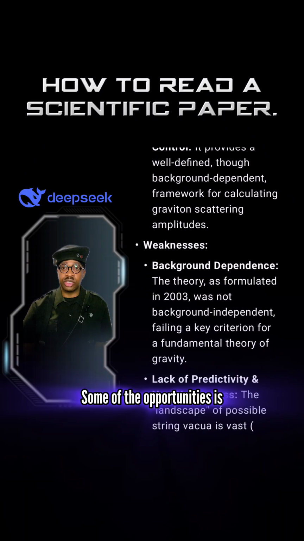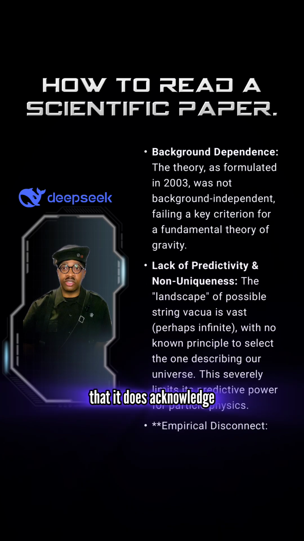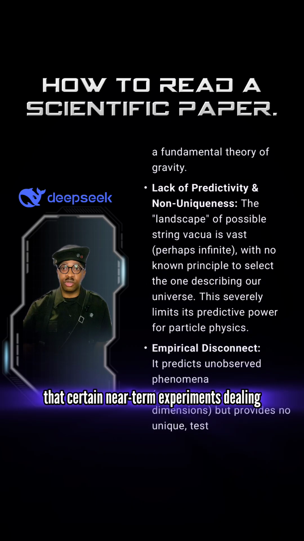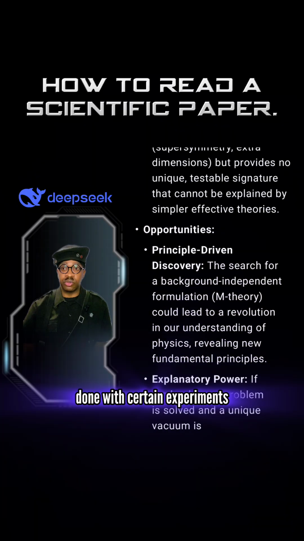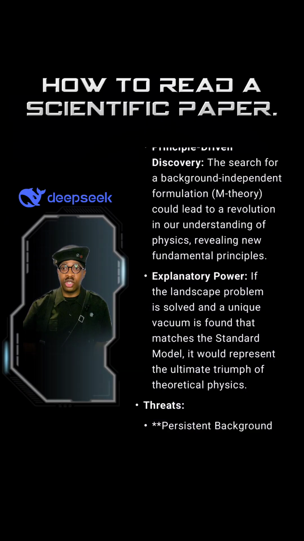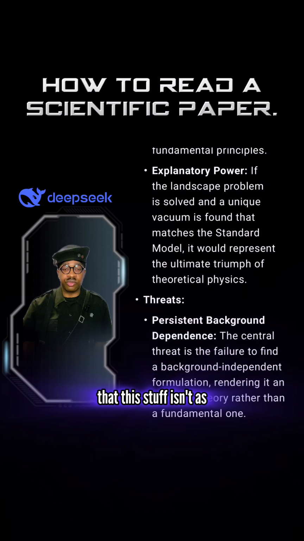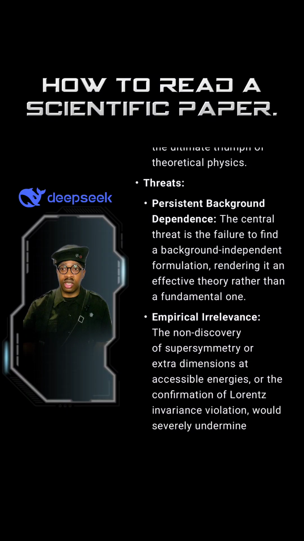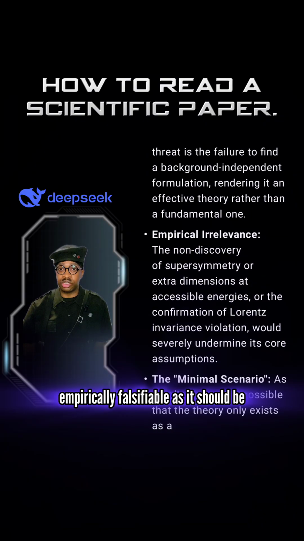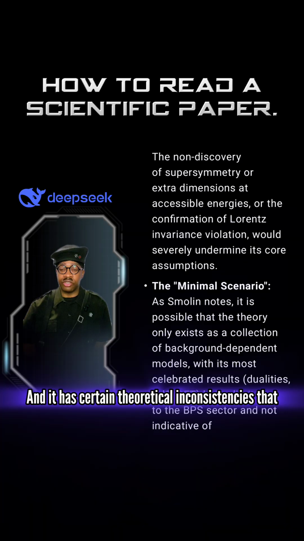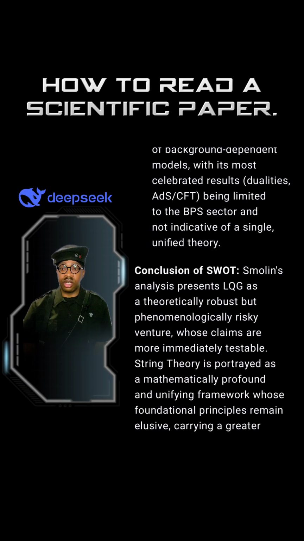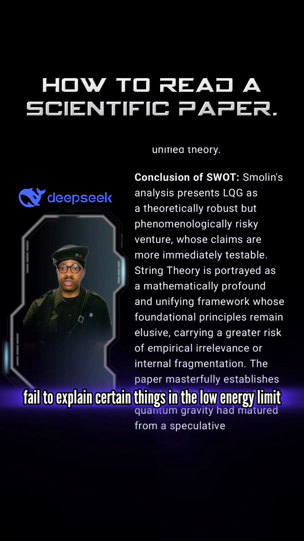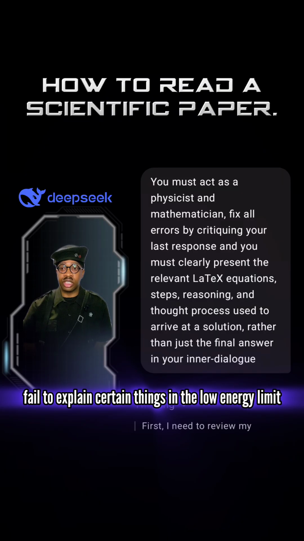Some of the opportunities is that it does acknowledge that certain near-term experiments dealing with Lorentz invariance violation can be done with certain experiments that we have now. But one of the threats is that this stuff isn't as empirically falsifiable as it should be. And it has certain theoretical inconsistencies that fail to explain certain things in the low energy limit.